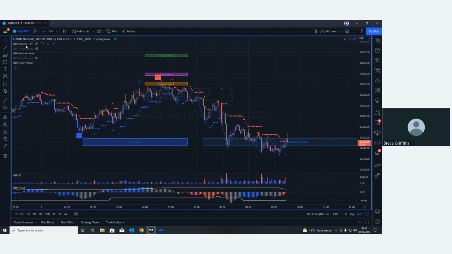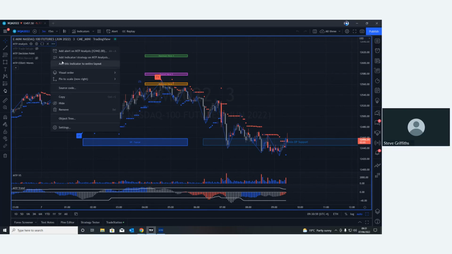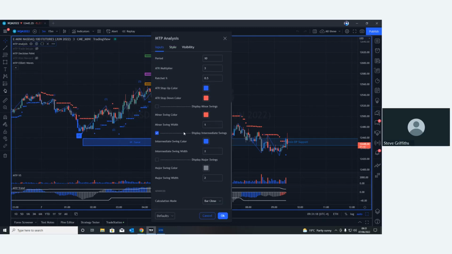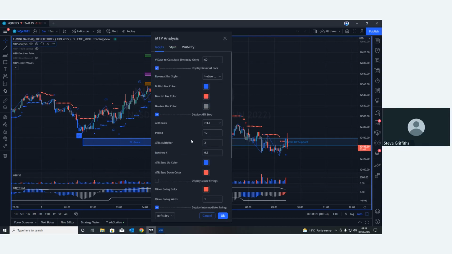One thing also nice to do, if you do the analysis on the visual order, is make sure you bring to front, and then you make sure that our colored reversal bars are on the top. And also, it's worth making sure that these are the same as you've got on your chart here. So if you have solid candles here, and in our analysis you have hollow candles, you see that?